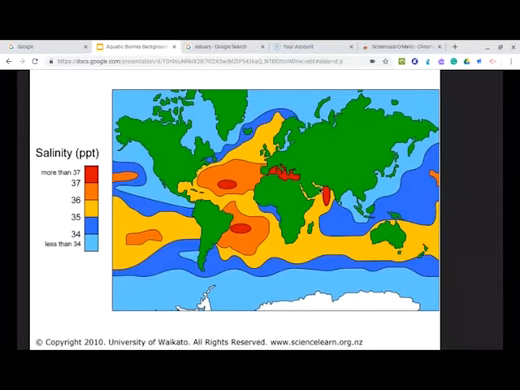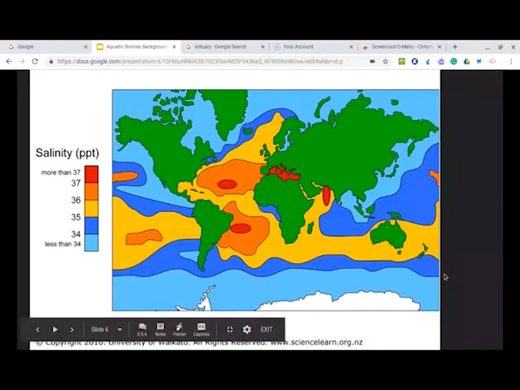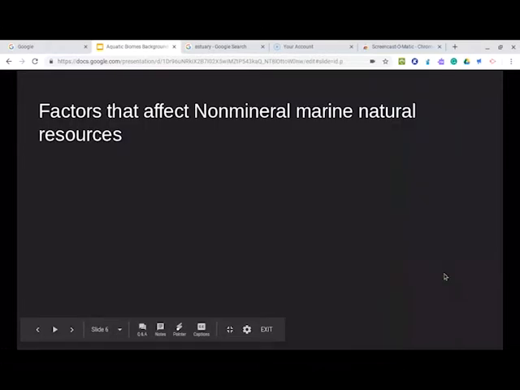That wind in this region is coming from the east, moving to the west, and is going to pick up some of that sand and dump some of it into the water here, making it saltier. You can also see this in more enclosed bodies of water, where water would be evaporating, leaving the salt or particulates behind, which is going to increase the salinity. So definitely salinity is going to affect what can live there.